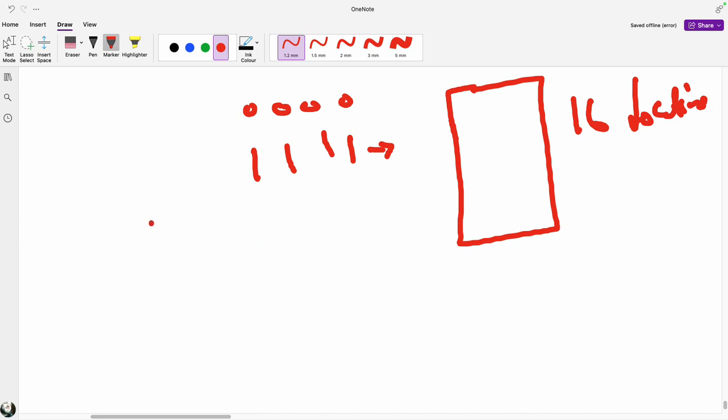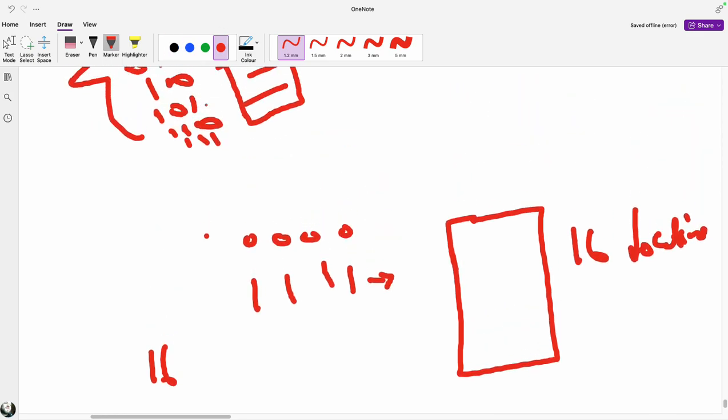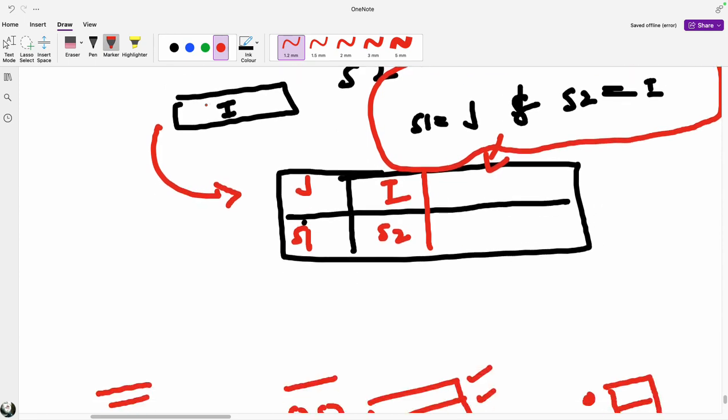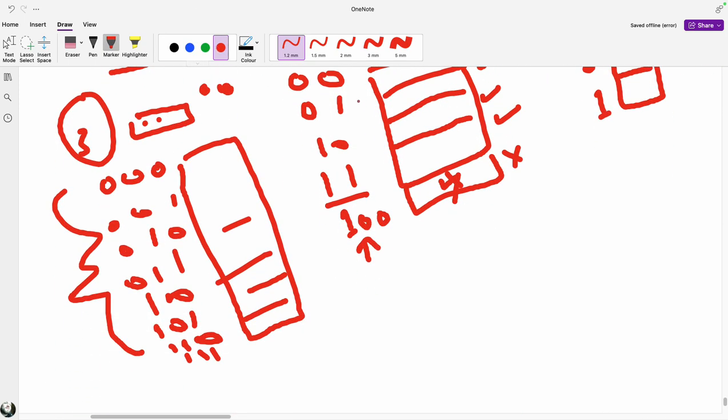So if I have 1 bit, the maximum locations I have is 2 raised power 1, that is 2 locations only. If I have 2 bits, I can have 2 raised power 2, that is 4 locations.